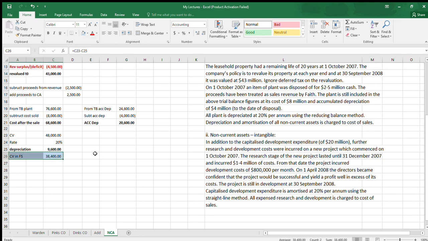The carrying value in the financial statement is supposed to be 38,400. That's all. 38,400.